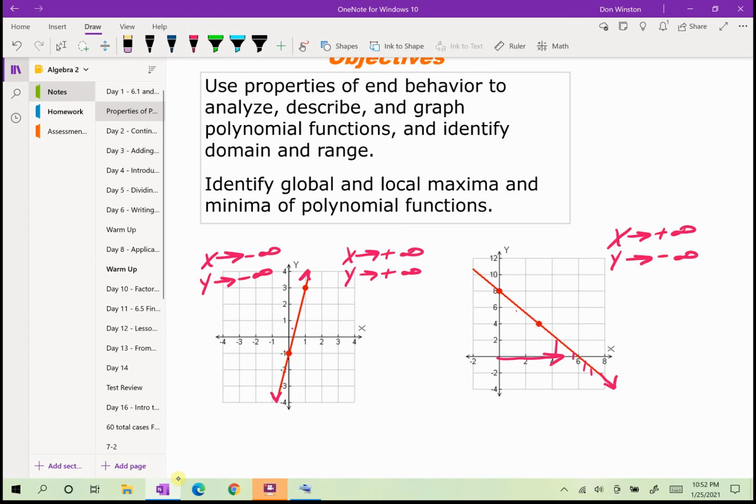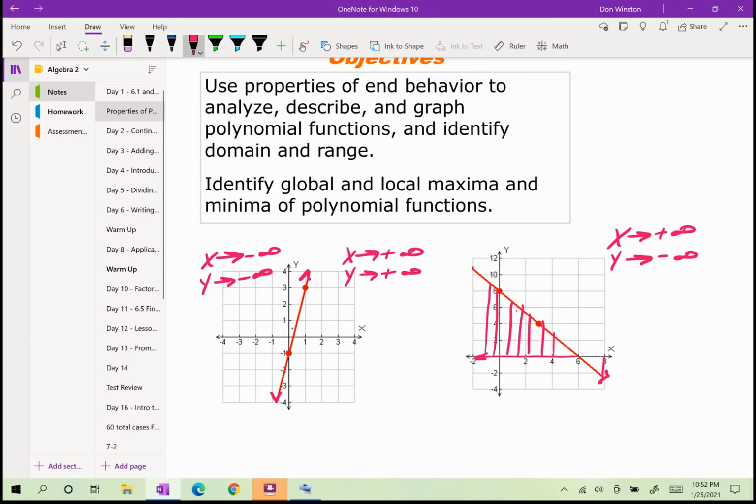All right. As x increases, as x goes more and more to the right, y is getting less and less. In fact, it's negative here. At x equal to 8, it's negative. And then what happens as x goes to negative infinity, as x goes this way? Well, it looks like the y values are increasing.